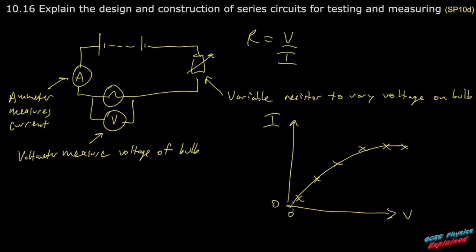That should be going through 0, 0. Now because the resistance equals the voltage over the current, you can see the voltage is getting bigger and bigger, and so is the current at first, but then the current stops getting quite as big. So because the slope is getting flatter and flatter, the resistance is getting bigger and bigger.